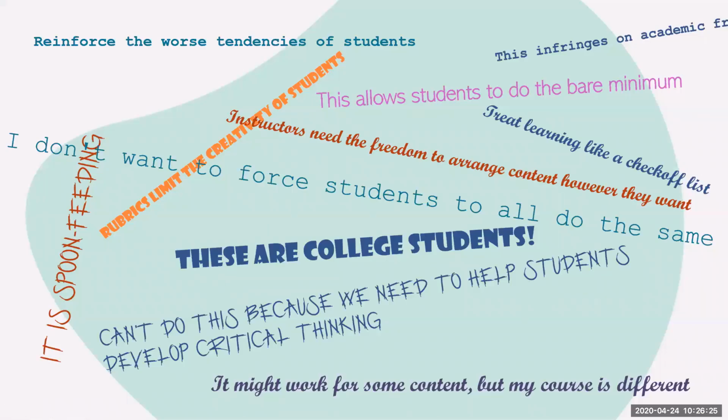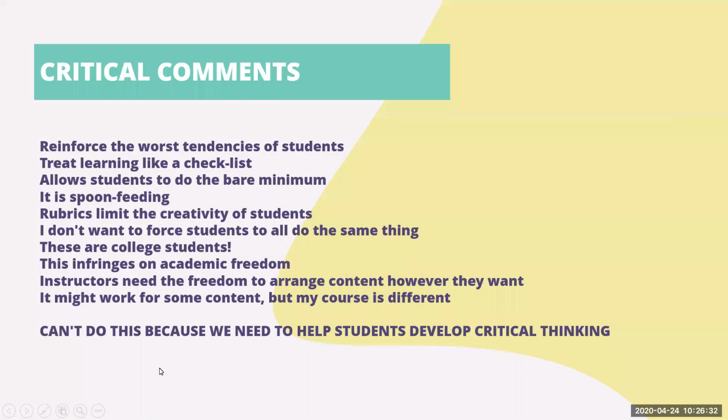So these are a lot of, oh, this slide's so unorganized. Can you hit the next slide, Jillian? Oh, okay. All right. Now we have a list of things. That's good. Oh, look, there. Thank you, Paula. I don't want to spoon feed them. That's on there. That's the fourth one down. These are college students. These are grad students.